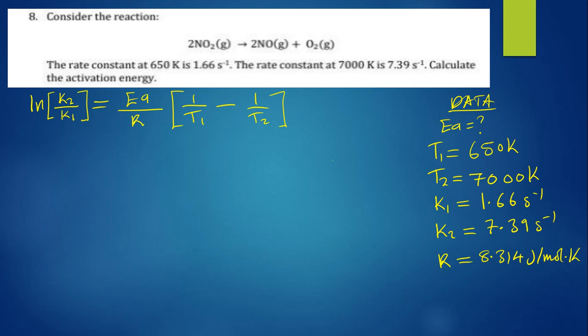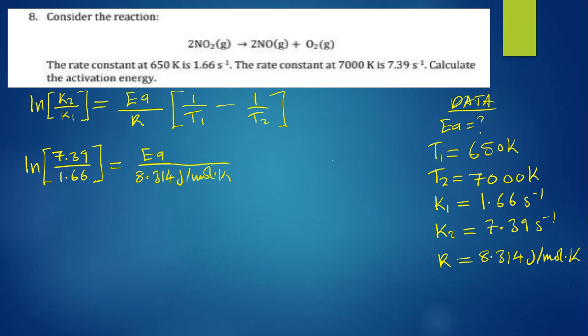And then we can substitute in this equation. So we have ln of our rate constant K2, which is 7.39, over the initial rate constant, which is 1.66, is equal to the activation energy, the one we want, over the gas constant, which is 8.314 joule per mole per Kelvin, like that.